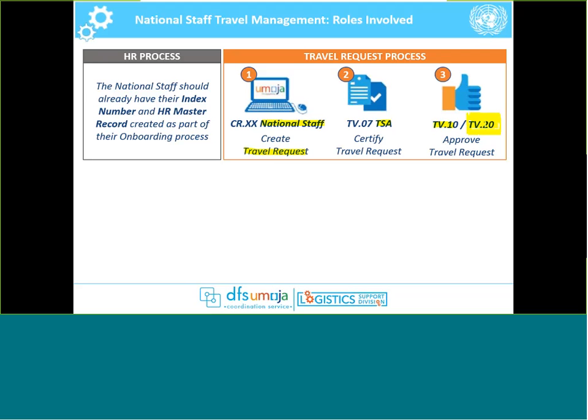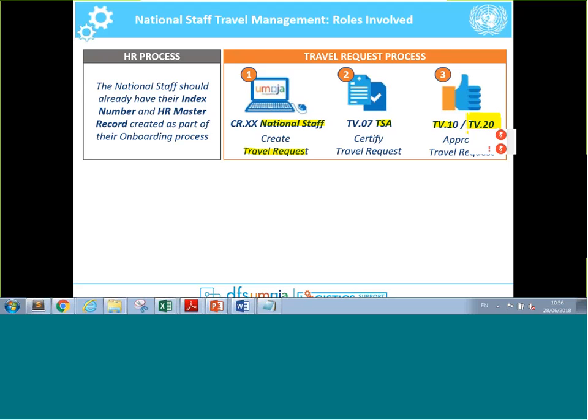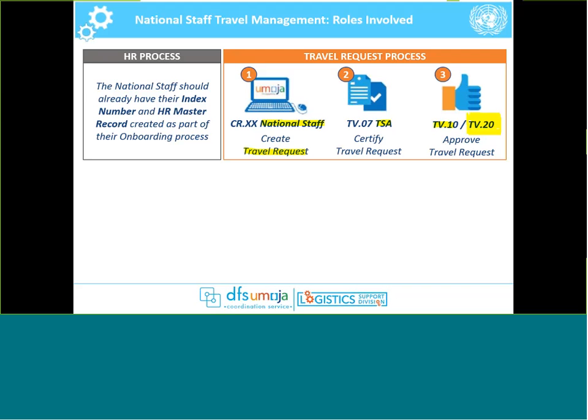This TV20 role deals with non-commercial travel requests, to facilitate these very frequent non-commercial and within-mission travel requests that are basically the ones that are more frequent for national staff, for IUPs, and for other non-staff like UNVs and consultants. So this TV20 is a new role that is managing non-commercial travel requests.